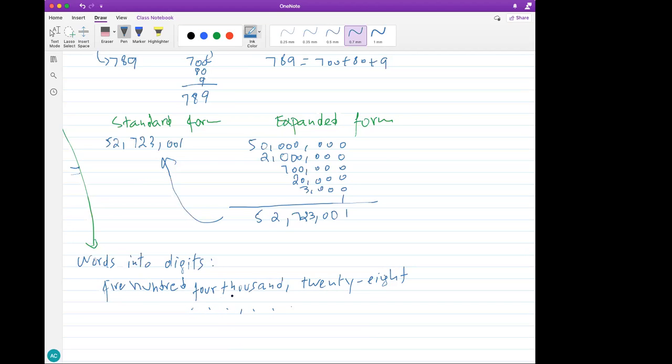Basically here, 504,000. 504. Exactly, 5, 0, and 4. So think of it first as 504 by itself. And because it's in the thousands position, we add a comma.